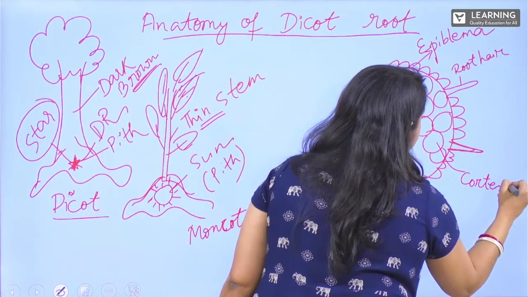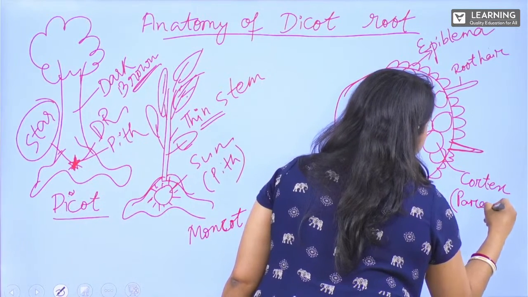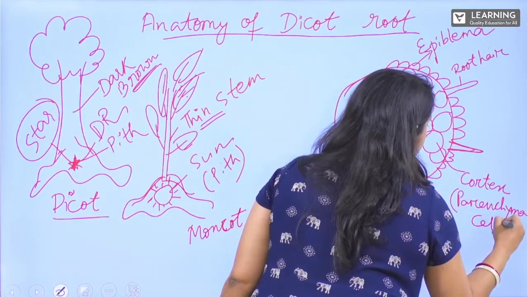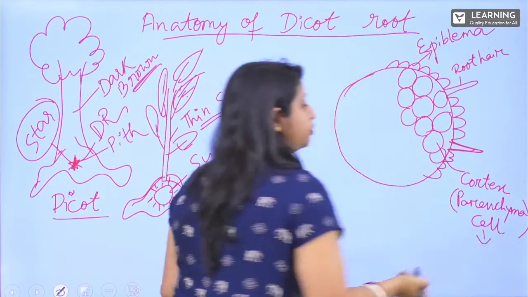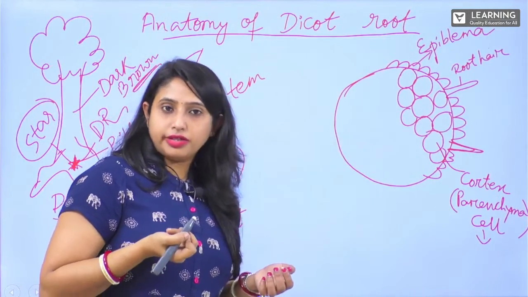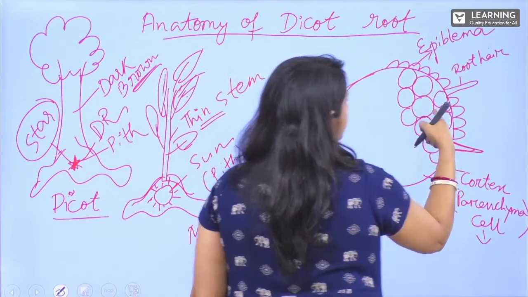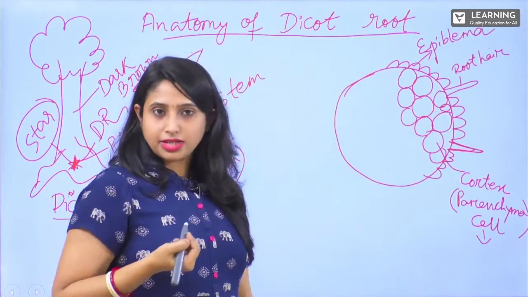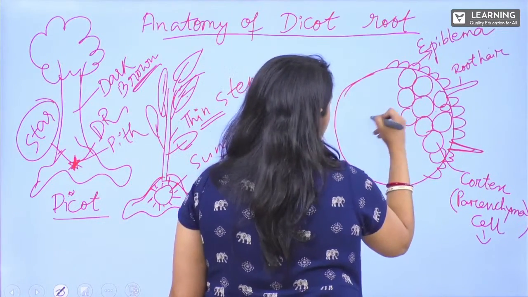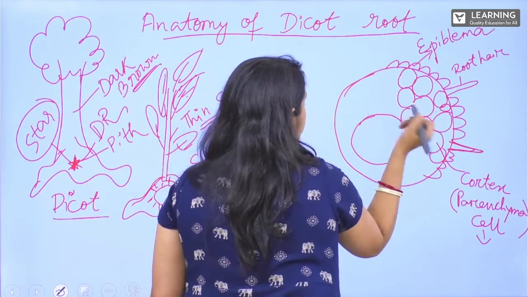So the cortex here is made up of what? It is made up of your parenchyma cells, and as you have studied, these parenchyma cells have got intercellular space. As you can see, these are the spaces in between them, your intercellular space. After this cortex, what is present? There will be your endodermis.